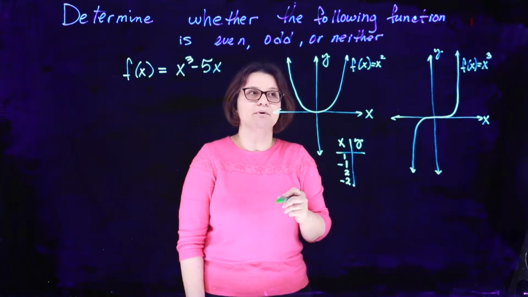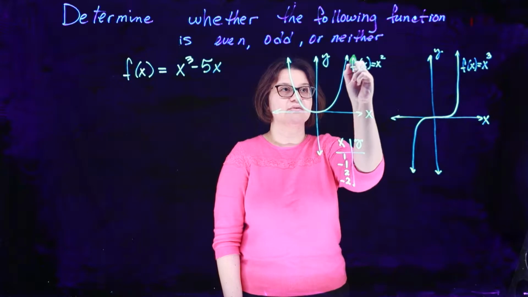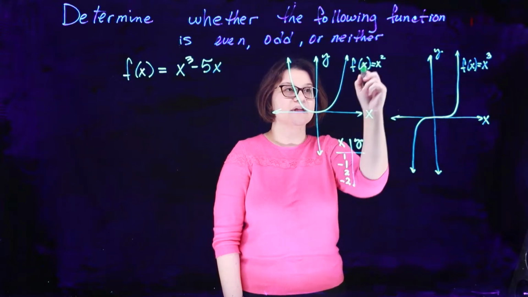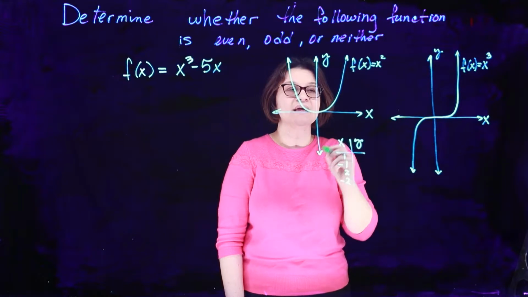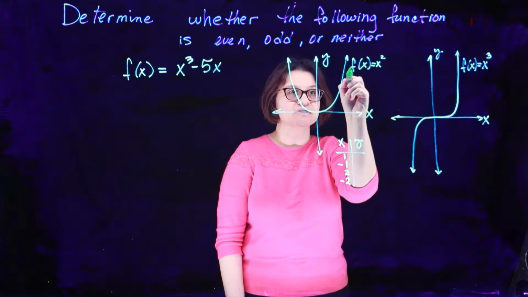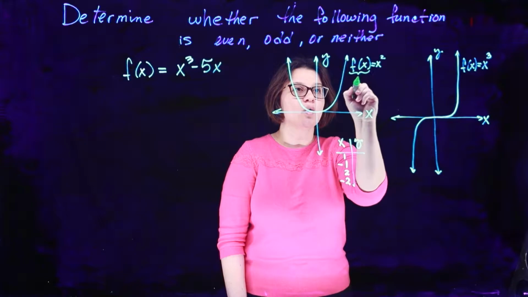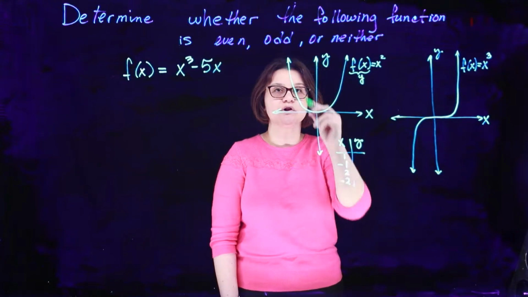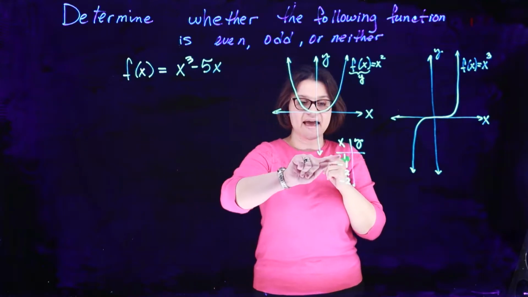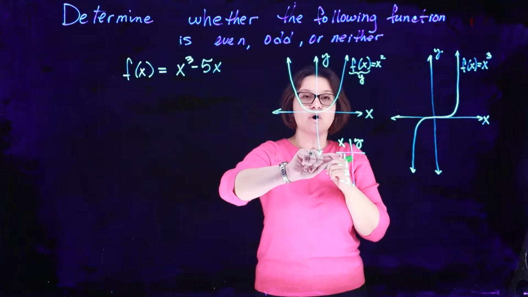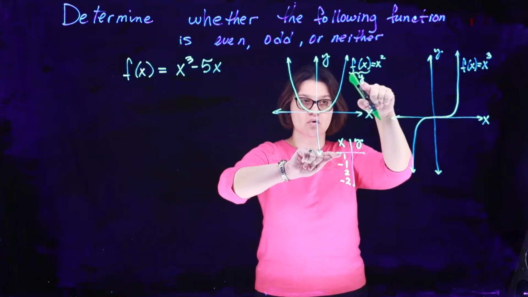Remember that x is our independent variable, and f of x, the function value, becomes our y coordinate when we're looking at the graph. So our question is, if x is 1, what will be the corresponding y coordinate?